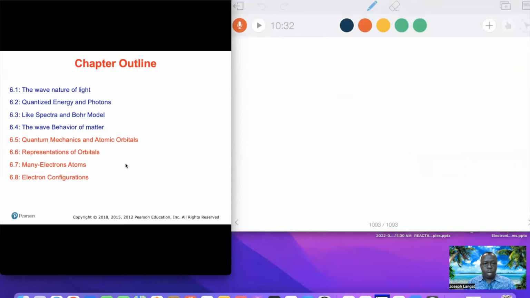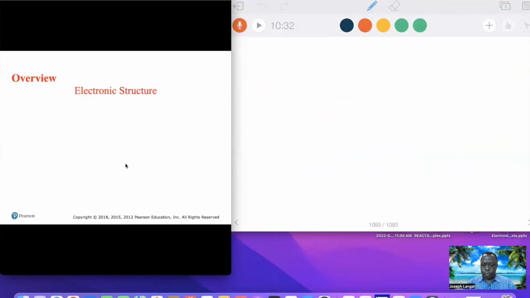Section 6.1, electronic structure. This chapter is all about the electronic structure, and electronic structure is basically the arrangement of electrons and the energy of those electrons.